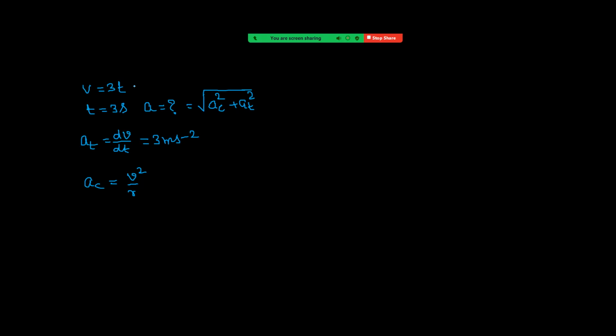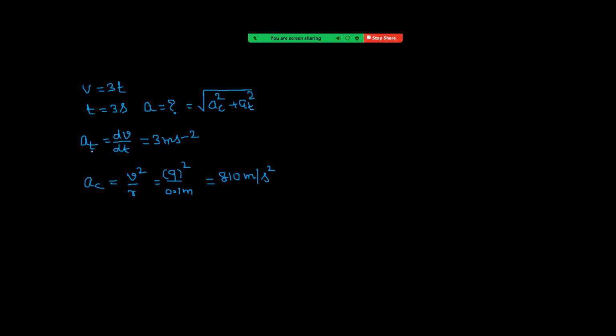We get v value 9. So 9 square, r value given 0.1 meter. So 9 square is 81, divided by 0.1. It is 810 meter per second square.